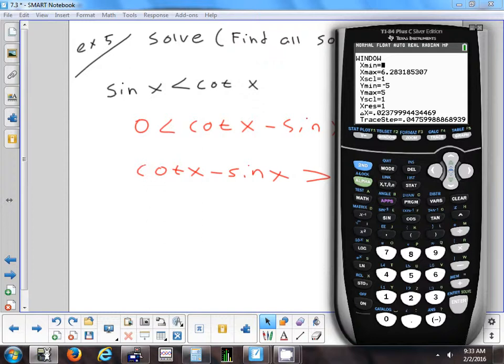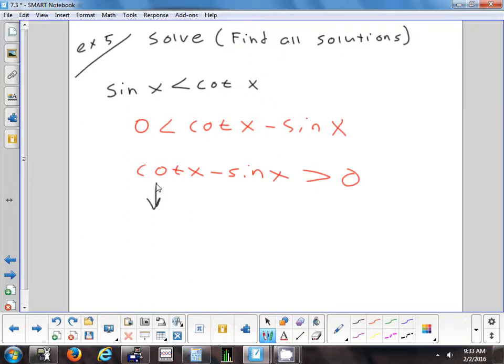And for our window, do the same thing we did before. What's the period of cotangent? It's cotangent to an odd power, so it's pi over b, and in this case, b is 1.